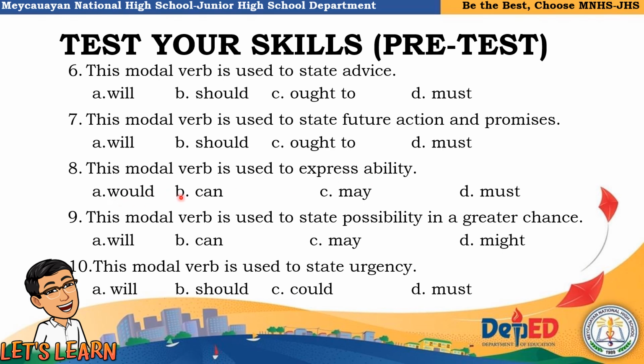A, would. B, can. C, may. Or D, must. 9, this modal verb is used to state possibility in a greater chance. A, will. B, can. C, may. Or D, might. Number 10, this modal verb is used to state urgency. A, will. B, should. C, could. Or D, must.